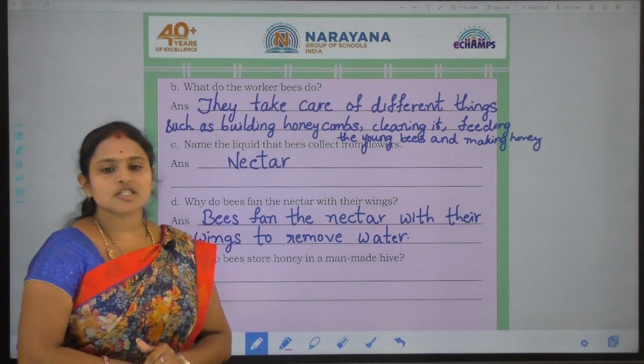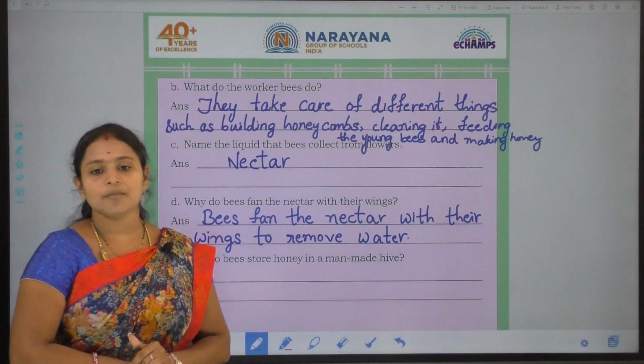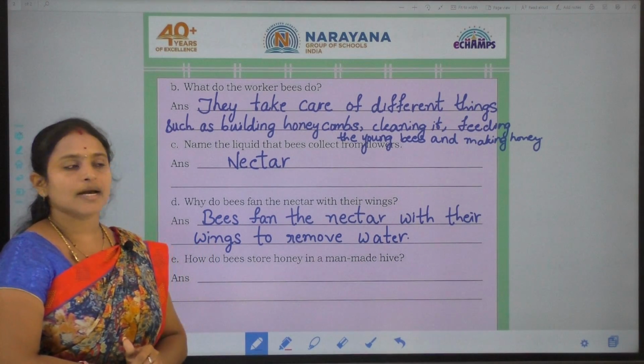How do bees store honey in a man-made hive? So bees store honey in a man-made hive by building honeycombs.